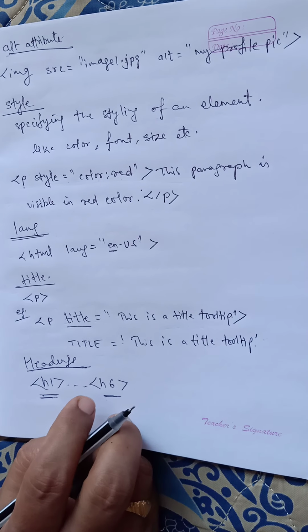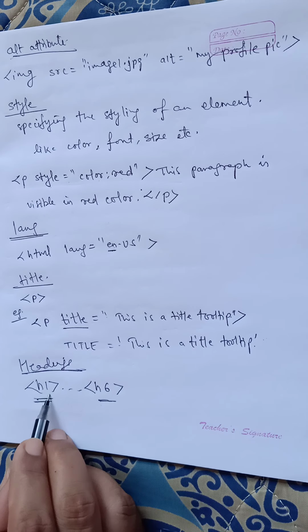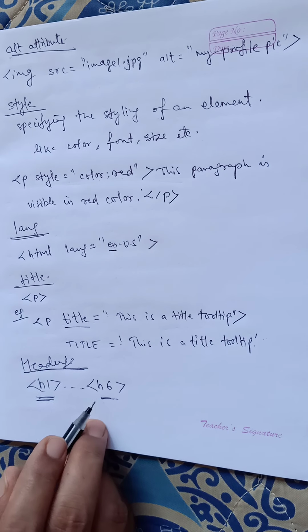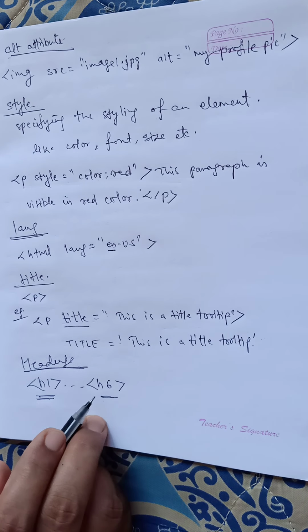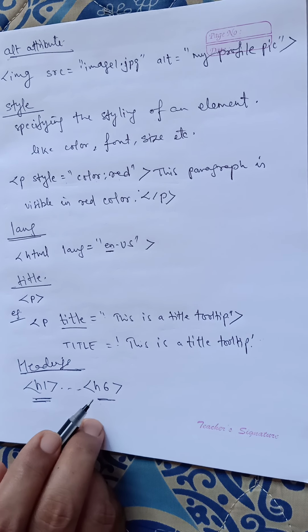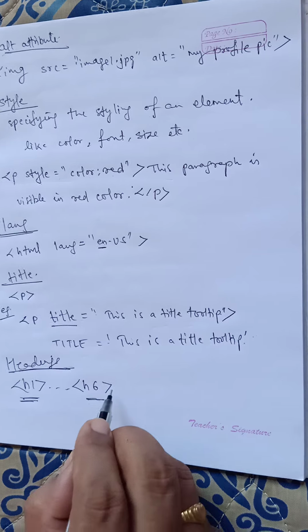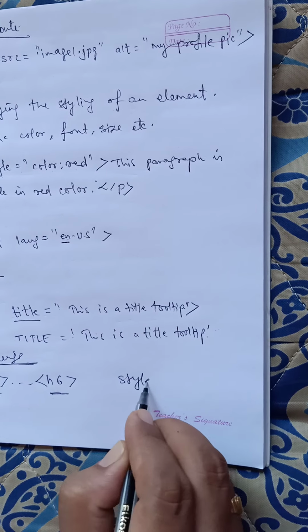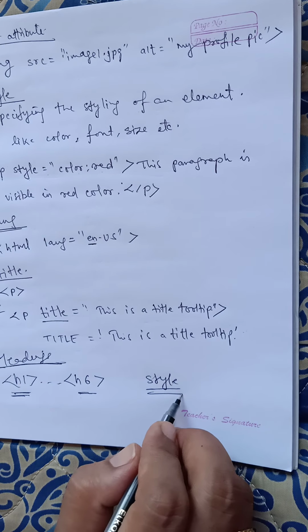Each of these HTML headings, H1 to H6, has a default size. But if you want to specify the size for any heading, you can do it using the style attribute.